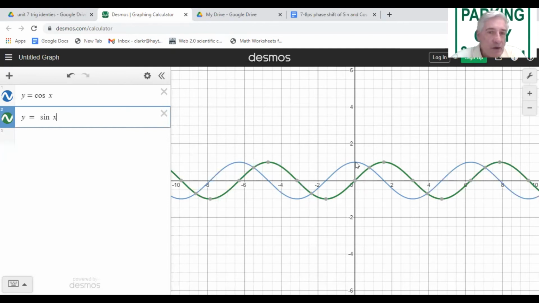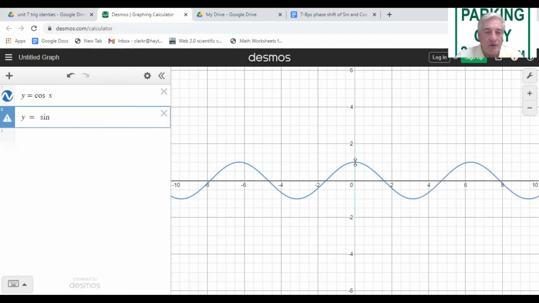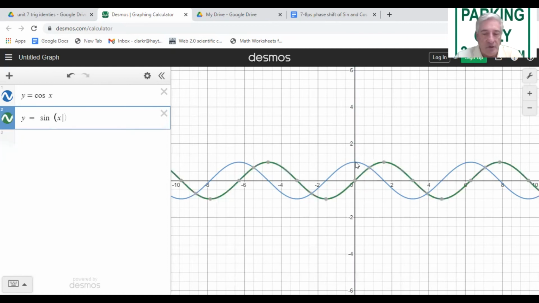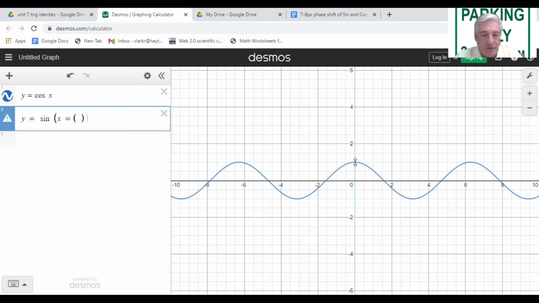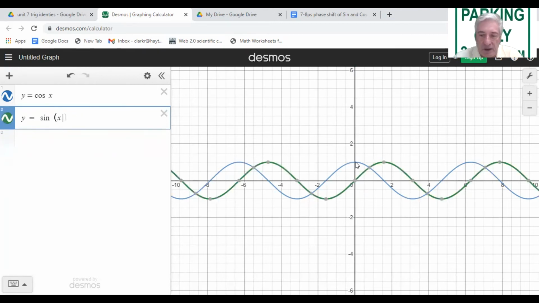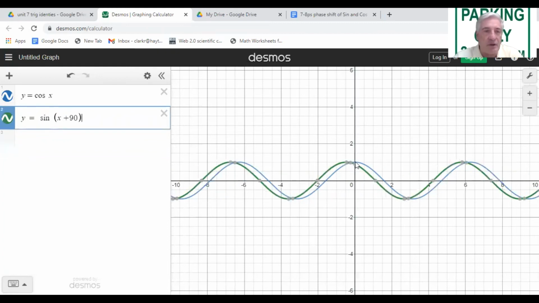Now, what happens if I move the sine over 90 degrees? X plus 90, if I can type it in there, X plus 90.